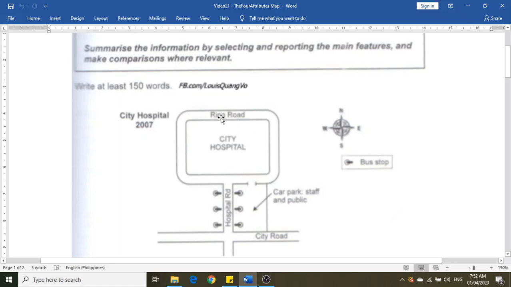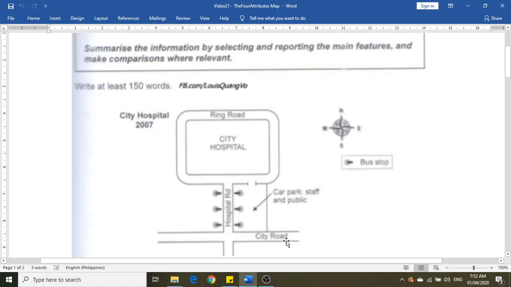But ring road is the name of a road, so that has to be capitalized. Similarly with hospital road, that apparently is the name of a road, so we have to capitalize that, and we shouldn't precede that with any article. And then city road is apparently the name of the road as well, so we do not precede that with any article, and we should make sure to capitalize the name of that road.